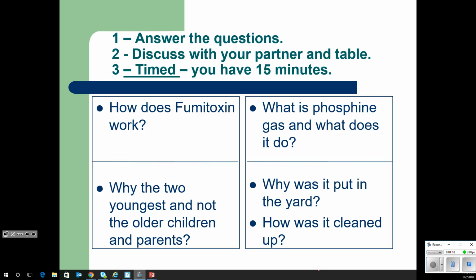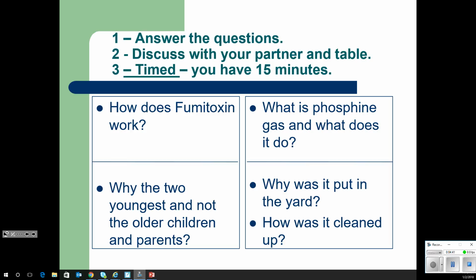Lots of information. So if the parents had just put fumitoxin into a search, what do you think they'd have found out? It says toxin. Okay, so as a responsible citizen, you guys are now going to be having a lot more weight on your shoulders.